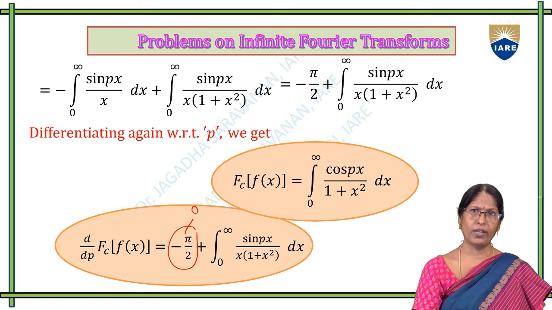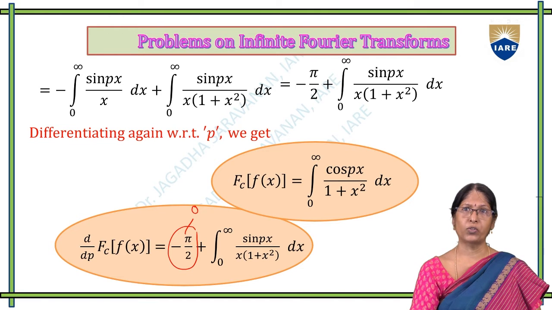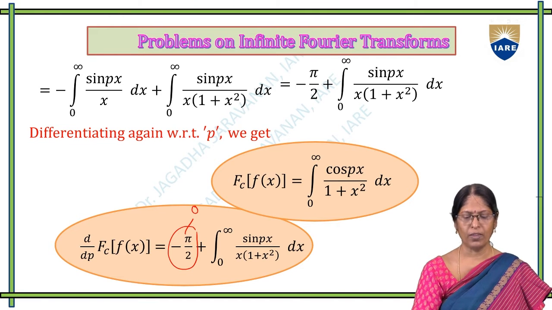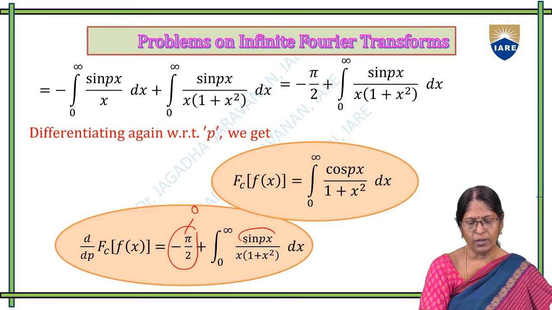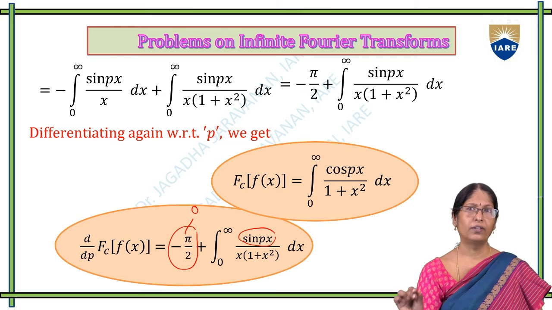So the next one is integral 0 to infinity sine px by x of 1 plus x square dx. Where p is there, only the numerator part, the trigonometry term, sine px is having the variable p.